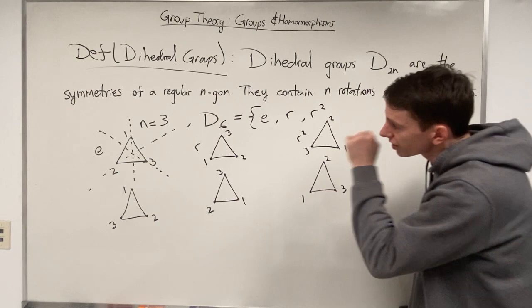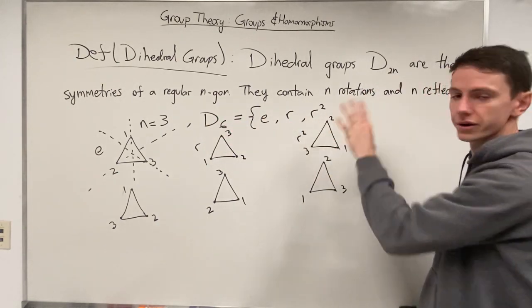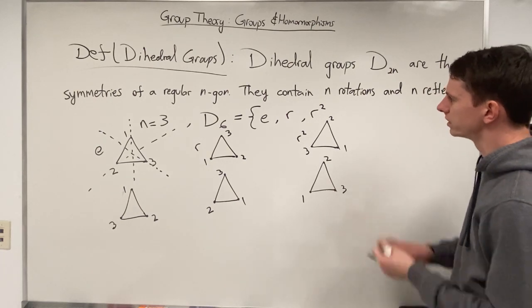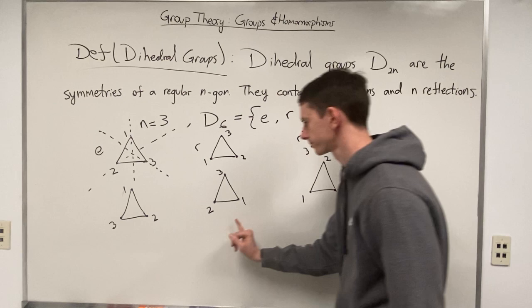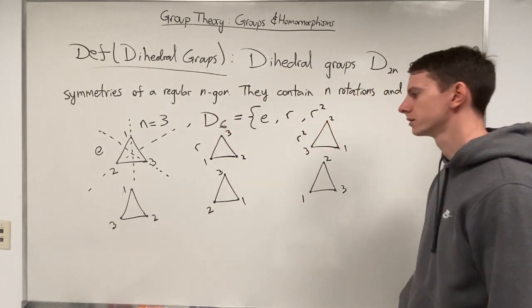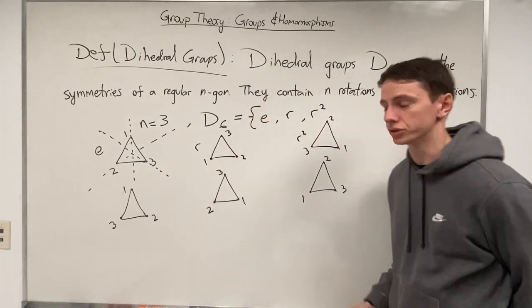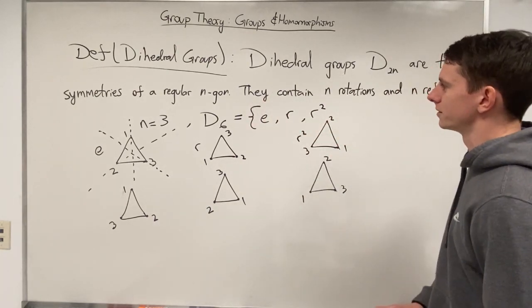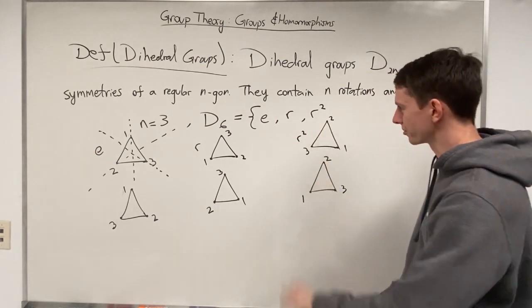But notice that I started to write out this group D sub 6 here as E, R, R squared, and so on. I would like to have notation to describe these three reflections right here. And I don't want to be putting R1 for reflection 1, R2 for reflection 2.